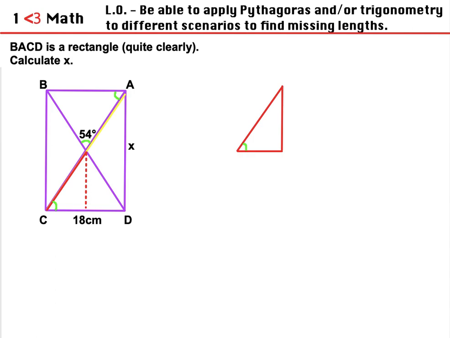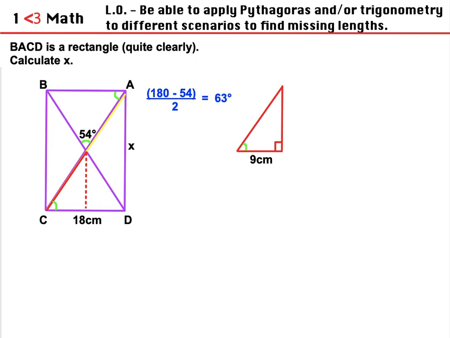Now, I've drawn an angle BAC, and I can work out that angle because the triangle that I'm just hovering over is an isosceles triangle. So basically, my calculation to find the angle that is going to be an alternate angle to the angle ACD is as follows. 180, take away 54, divided by 2, because obviously it's an isosceles triangle.